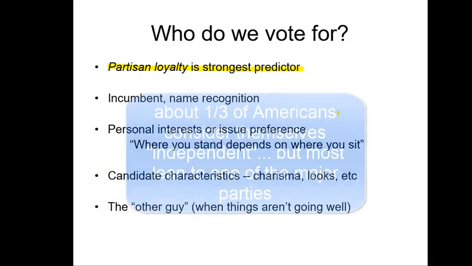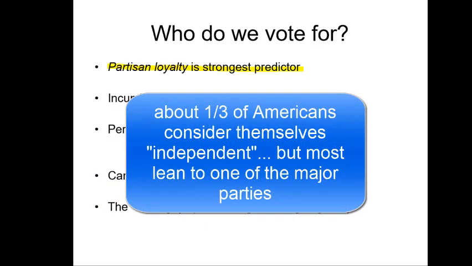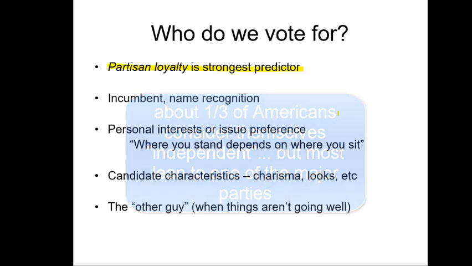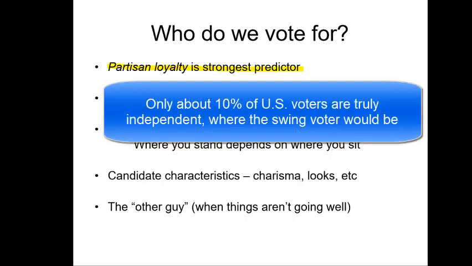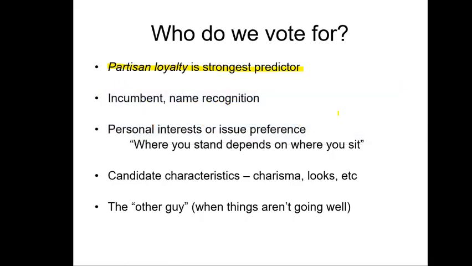And then about 1/3 of Americans are considered independent leaning. However, most of those are also leaning towards one of the parties, because we do know in a two-party system, if you don't vote for one of those parties, your vote is pretty much going to waste. Now, we do know that incumbents have an enormous probability of getting reelected, largely because of the fact that we already know who they are, name recognition.